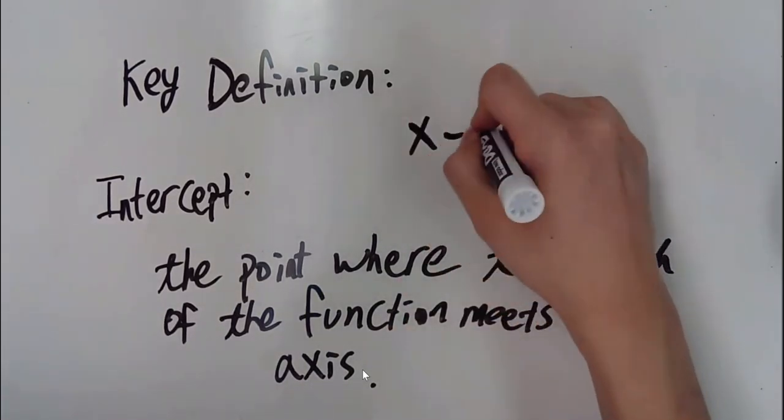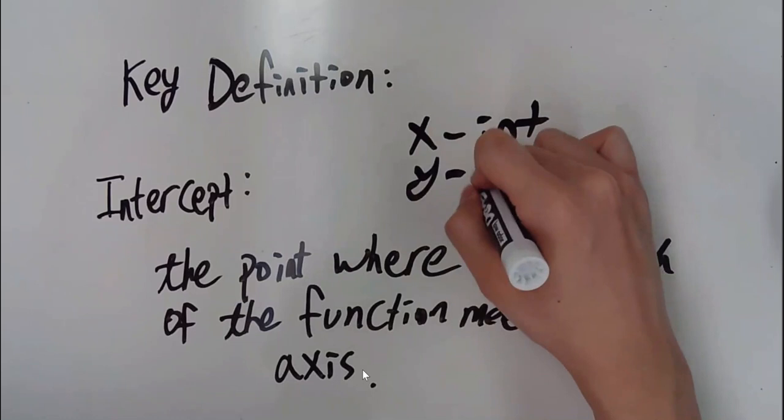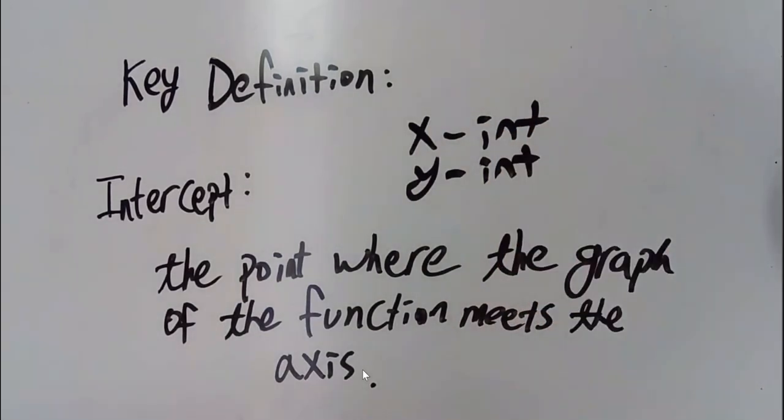There is an x-intercept and a y-intercept. The x-intercept is a point where the graph meets the x-axis, and the y-intercept is the point where the function meets the y-axis. So let's try to look at this in the graph.